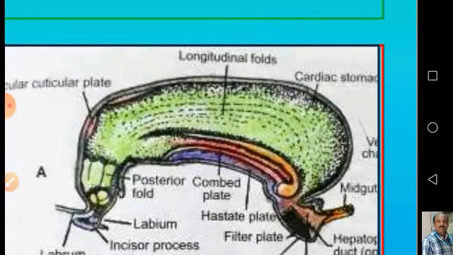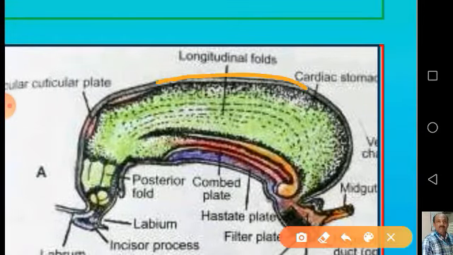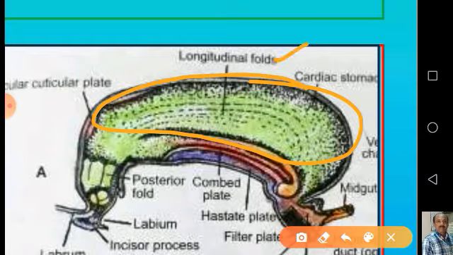This greenish portion here is the cardiac stomach, and it has many foldings: lateral longitudinal folds, cuticular plates and folds, the combed plate, the hastate plate, and there is a filter plate. All these filtering plates are present, and all these folds are covered by minute bristles.